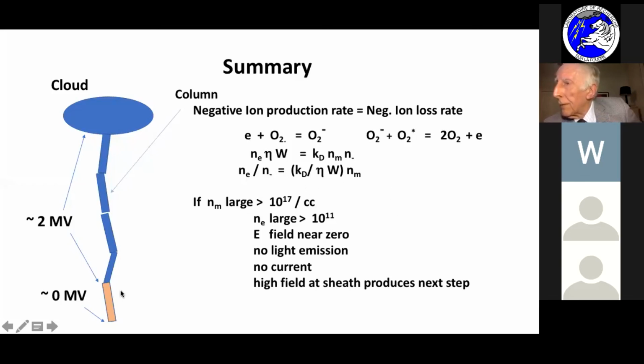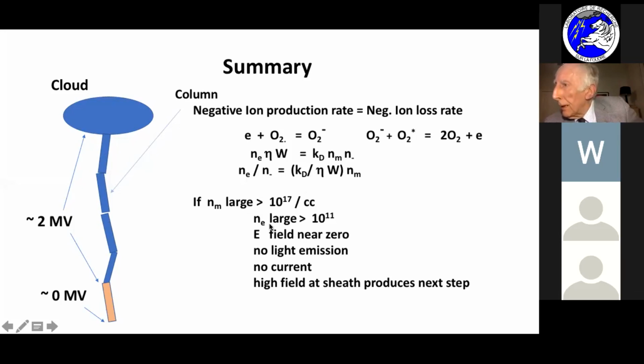And you now have this strange situation of all these steps joined together, forming a column. As I mentioned, this column can be kilometers long, and the mystery is it's conducting, and what is it? Well, I'm saying it's electrons formed from detached electrons from the metastables.